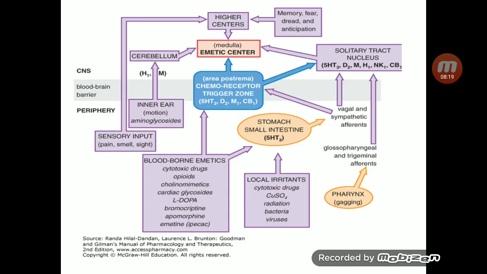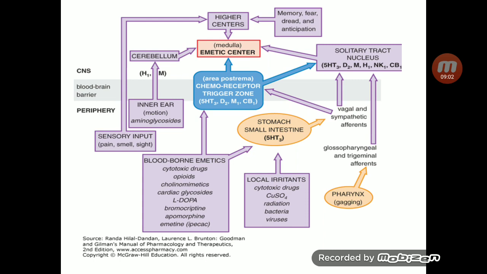So this is another schematic diagram showing how vomiting is induced. If you can see, local irritants and blood-borne emetics can also act on your chemoreceptor trigger zone and induce vomiting. Irritants in your stomach can activate your 5-HT3 receptor and induce emesis. In the case of your pharynx, whenever there is gagging, the gag reflex acts on your nucleus tractus solitarius, having different receptors, which then sends an impulse to your emetic center or vomiting center.